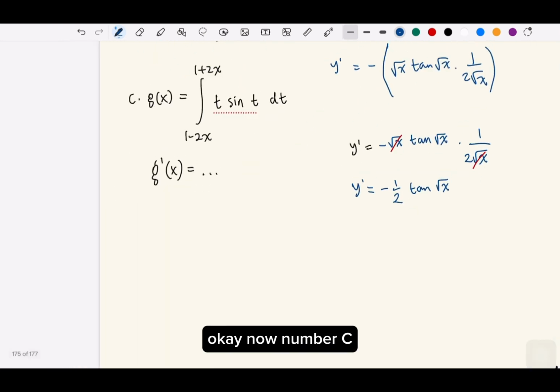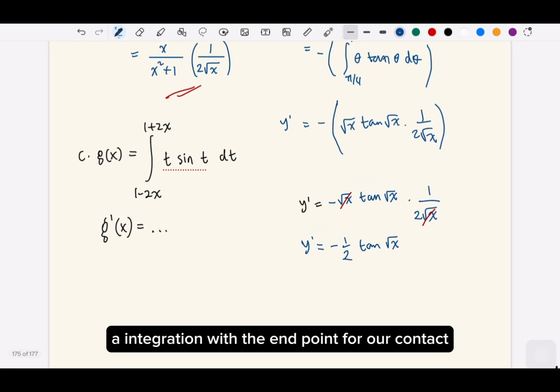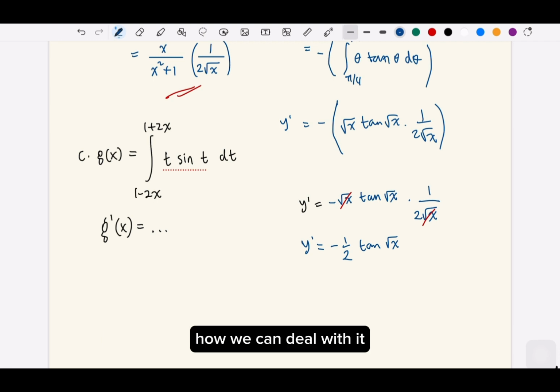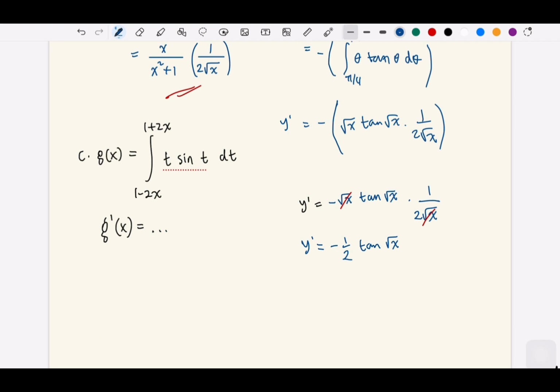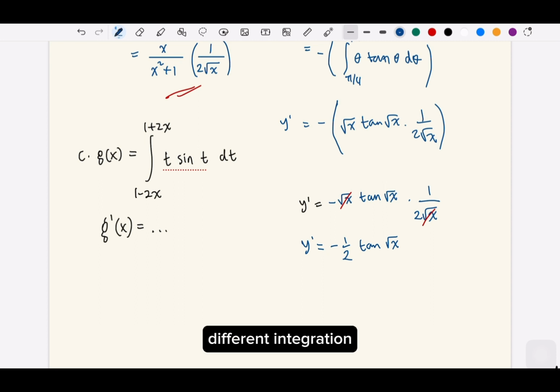Okay, now number C. Now we have an integration with endpoints that are both functions. How can we deal with it? Any idea? Yes. Correct. So we are going to separate this into two different integrations.